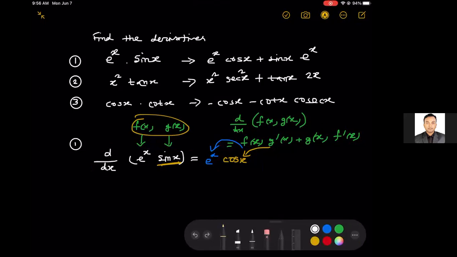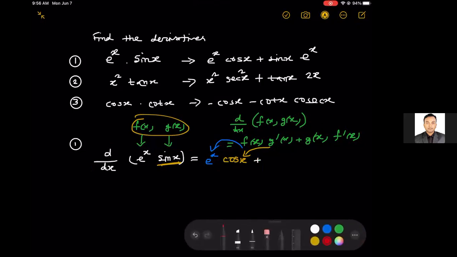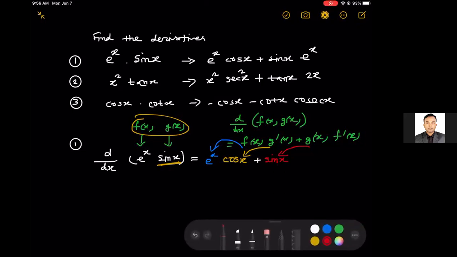All right. Plus, now we'll be keeping the other function. So let's keep sine x, which is the g function, right? And we want to find the derivative of the other function. I mean, the first function in this equation. What's the derivative of e to the x? It's e to the x.